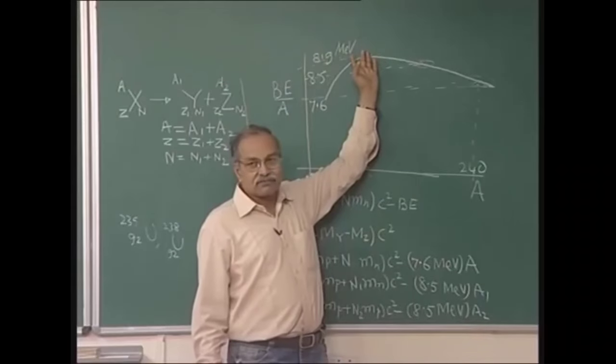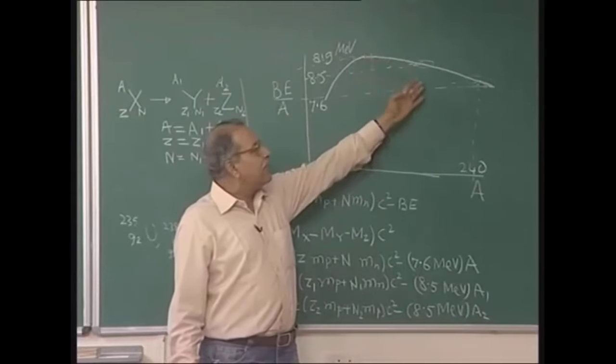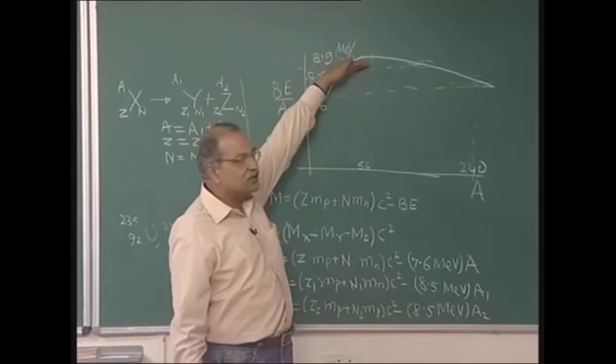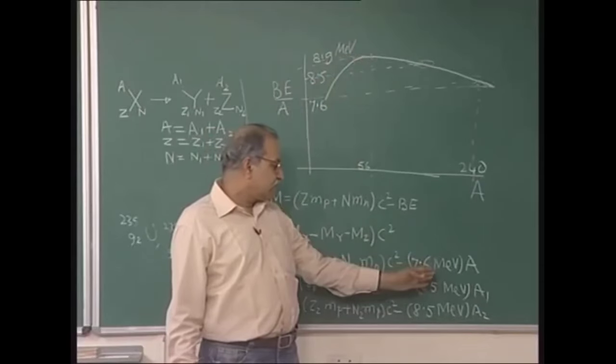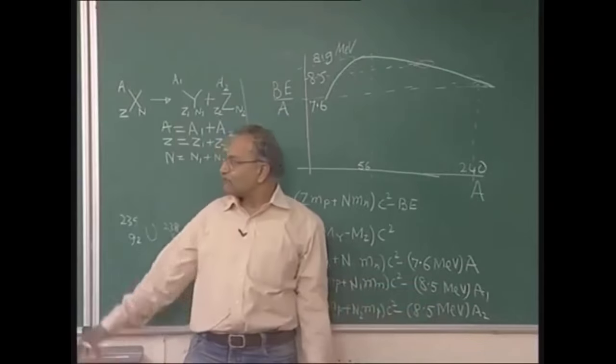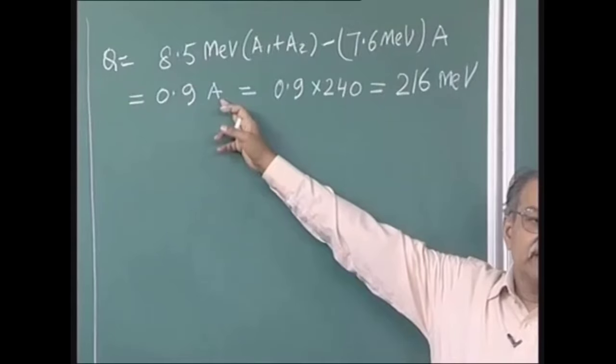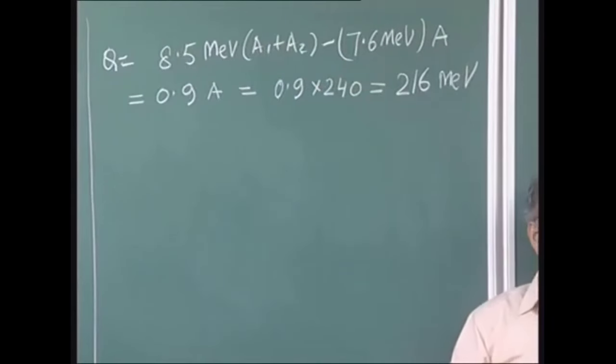then it will still land on this side, and landing on this side means the binding energy per nucleon increases, and that is how from 7.6 it increased to 8.5, and therefore you got that difference of 0.9 times A as the decrease in rest mass energy.